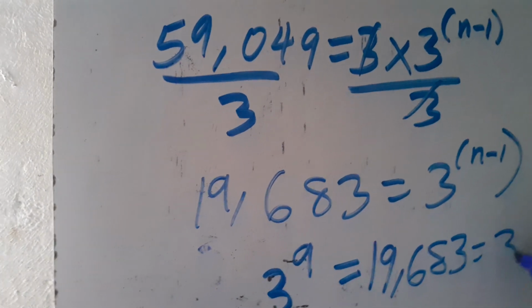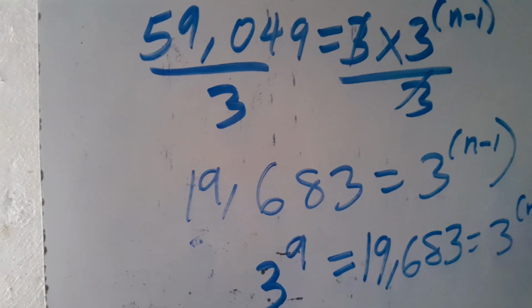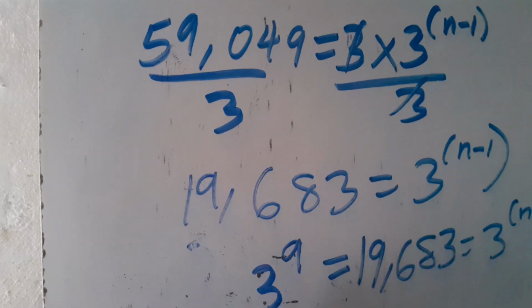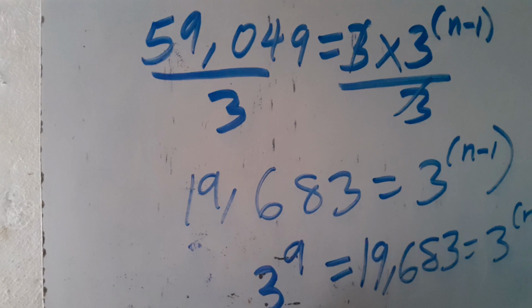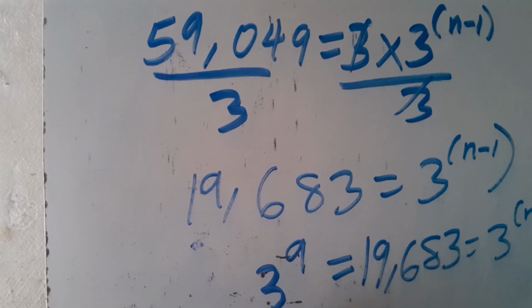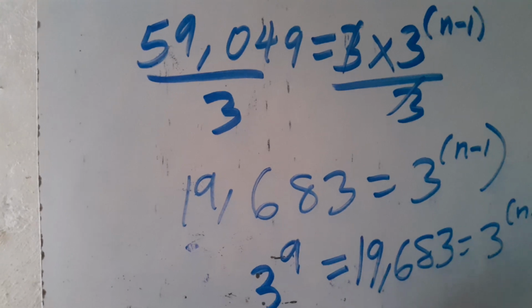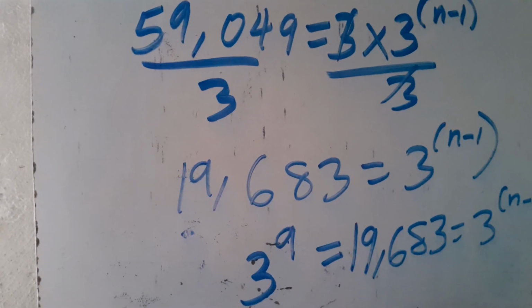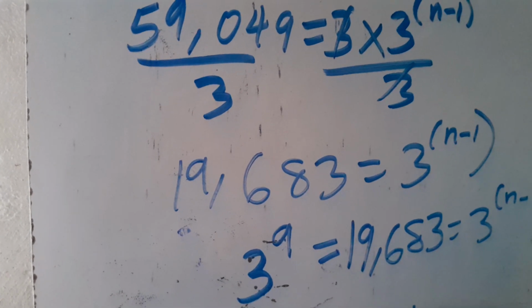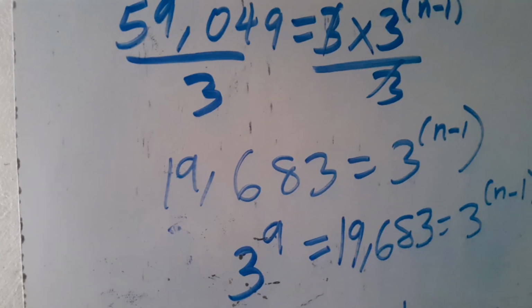That is 3 raised to power n minus 1. So 9 is equal to n minus 1. n is equal to 9 plus 1, which is equal to 10.